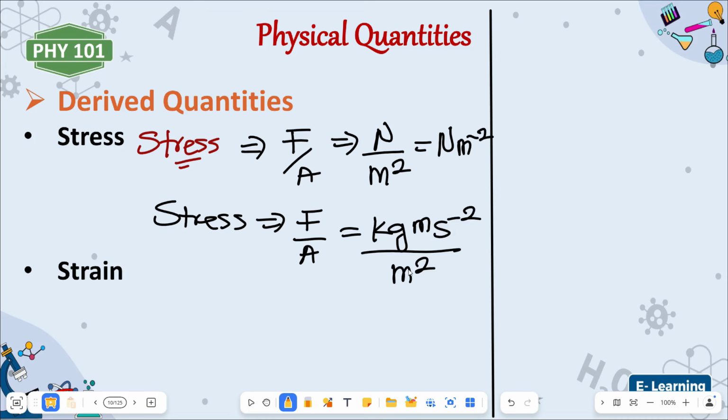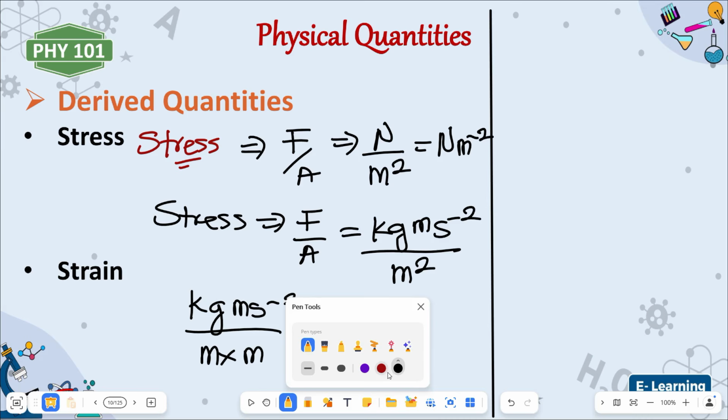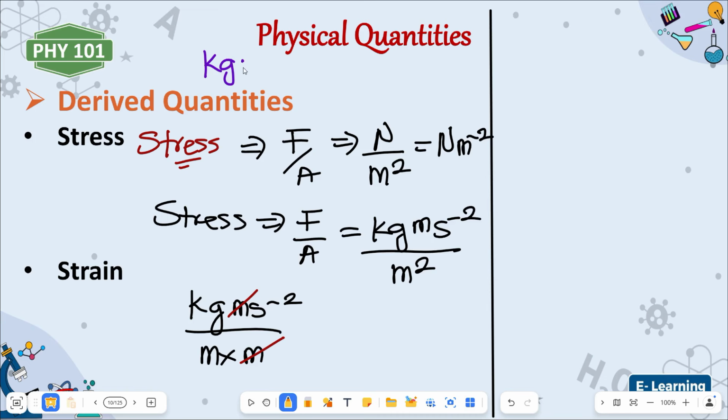Meter square. All right. Of course, I told you that this one, kg meter per second square, all over meter square will be meter times meter. All right. Now, when meter times meter, one of these meters can cancel this one. And I told you the right order. The right order is what? The right order, I said, it usually goes from kg, meter, and second.